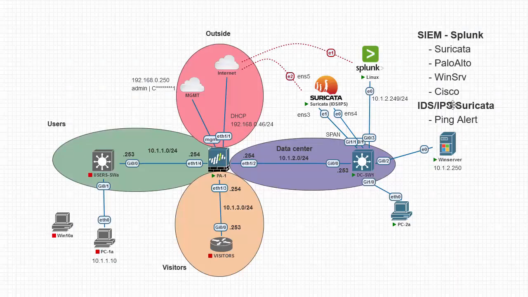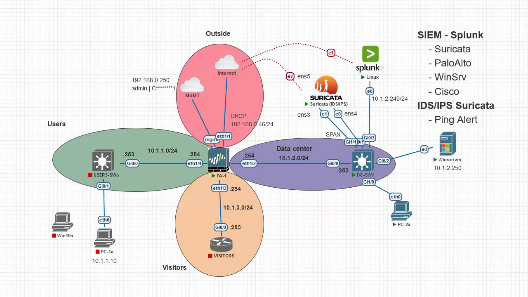So let's have a look at the Suricata device here and how it's being used to detect problems in the network. I've set up an alert so that if any pings are generated across this line here, it gets mirrored through the span port to the Suricata device, gets picked up, and then generates that alert and forwards it to the Splunk device.